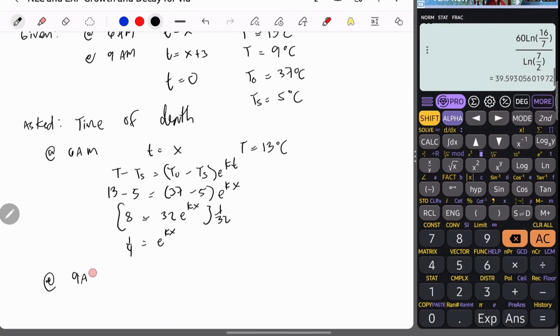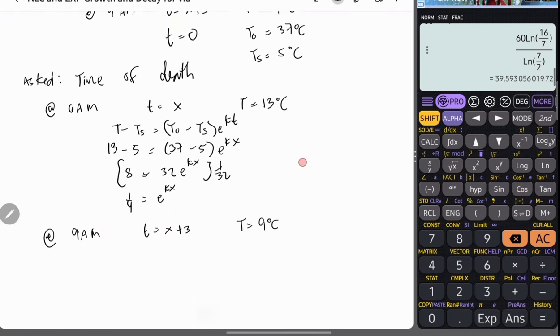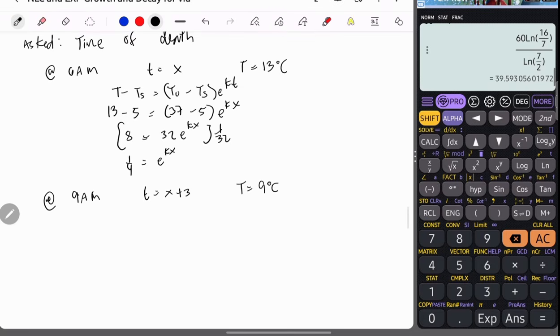At 9 a.m., the time is x plus 3, and the temperature is 9 degrees Celsius. So 9 minus Ts 5 equals T sub O 37 minus Ts 5 times e to the k times x plus 3. 9 minus 5 is 4. 37 minus 5 is 32. e to the k times x plus 3 is kx plus 3k.